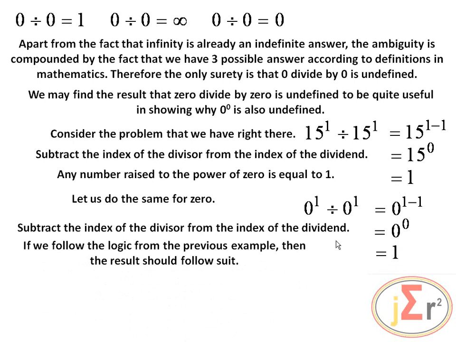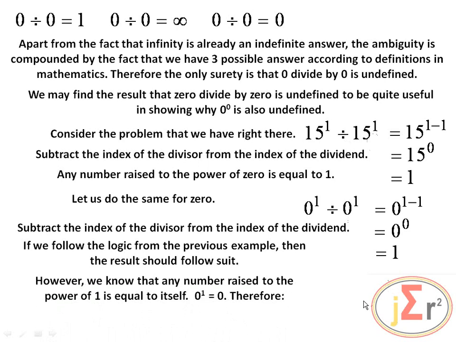If we follow this exactly, if we follow the logic from the previous example, then the result should follow suit. Same way that we have right here 0 to the power of 1 divided by 0 to the power of 1 is also following from 15 to the power of 1 divided by 15 to the power of 1.